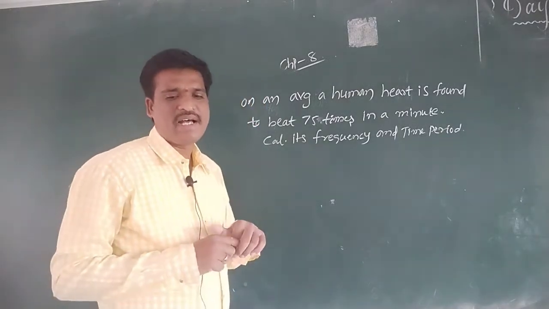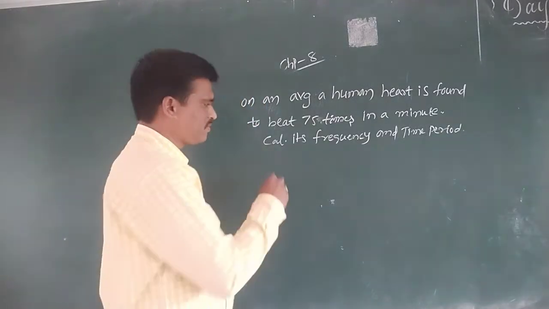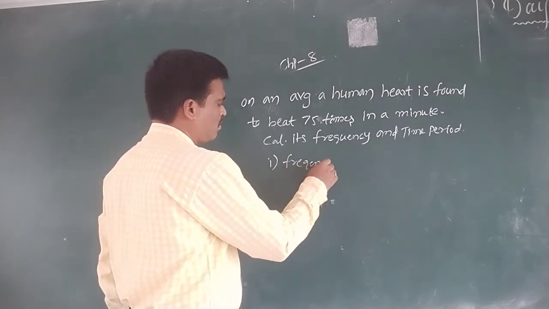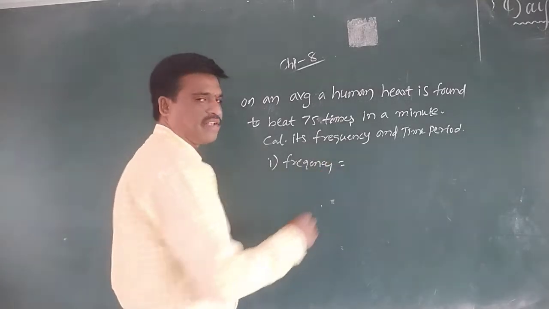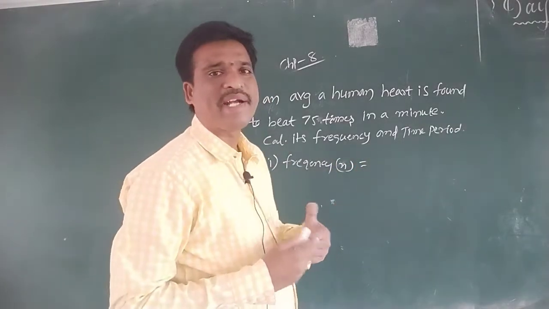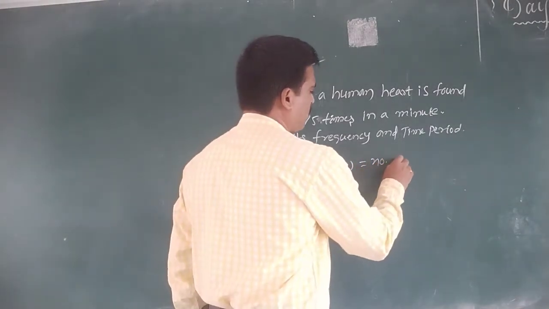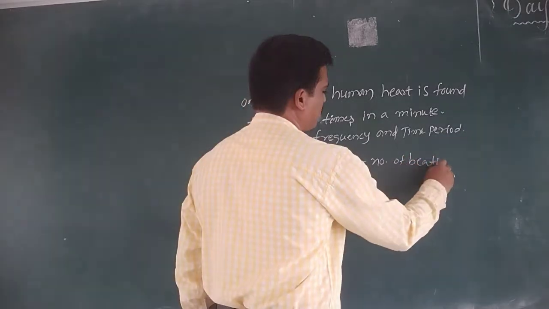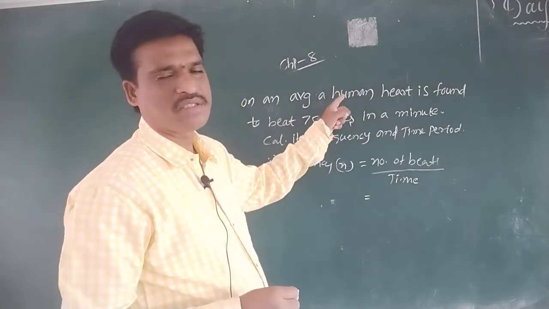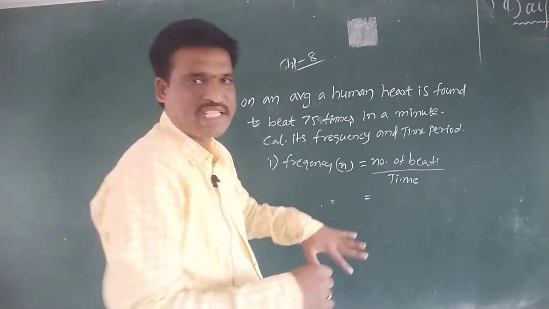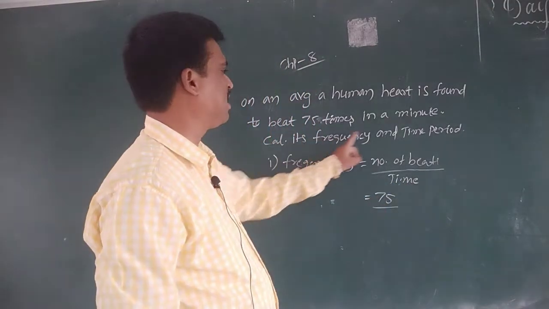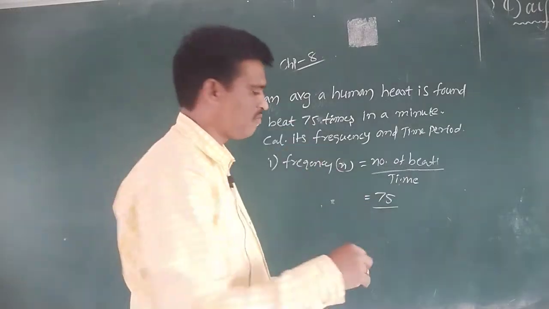Next, what is the frequency? Frequency formula: frequency n is equal to number of beats by time. Number of beats is how much? 75 is given. But time for 1 minute is equal to how much? 60.